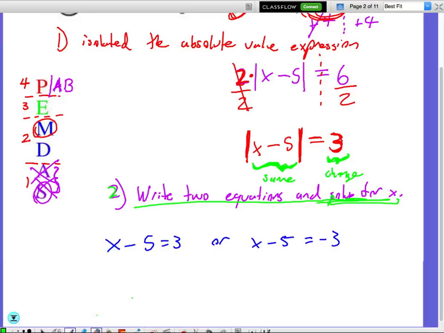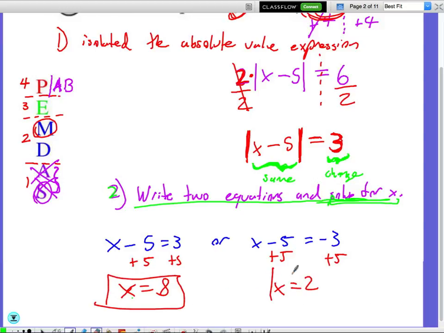These are simple equations we can solve. We can just add 5 to both sides. And so x is equal to 5 plus 3, which is 8. And on the other equation, again, we add 5 to both sides, but this time we have negative 3, so x equals negative 3 plus 5, which is 2. Those are my two solutions.